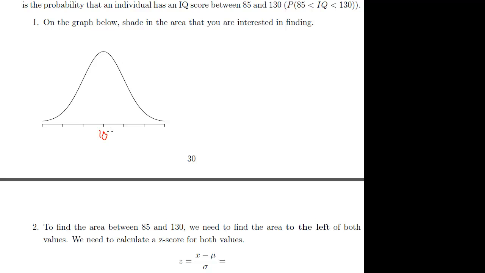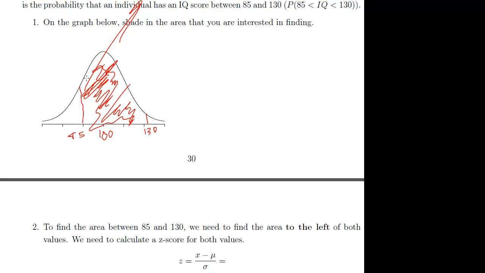I have 100 in the middle. 85 is going to be over here. And 130, we've already colored that in about right here. What I'm doing is I'm looking for this area in between. Hopefully you can draw that a little neater than I did.